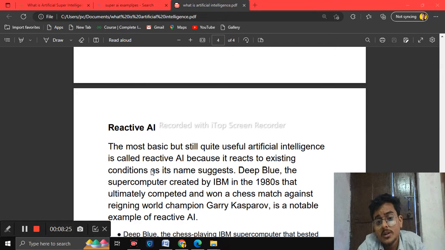Deep Blue, the supercomputer created by IBM in the 1980s, ultimately competed and won a chess match against reigning world champion Gary Kasparov. Okay, in the 1980s a supercomputer was made, called Deep Blue, and it won a match against a world champion.